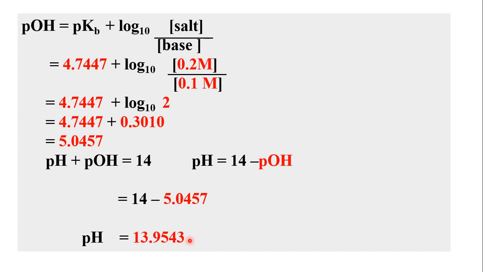So pH of this basic buffer solution is 13.95. So like this you can calculate the pH as well as pOH of acidic and basic buffer.